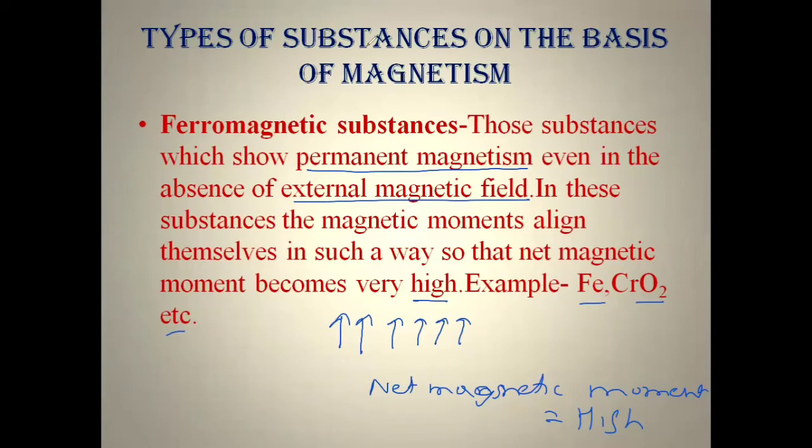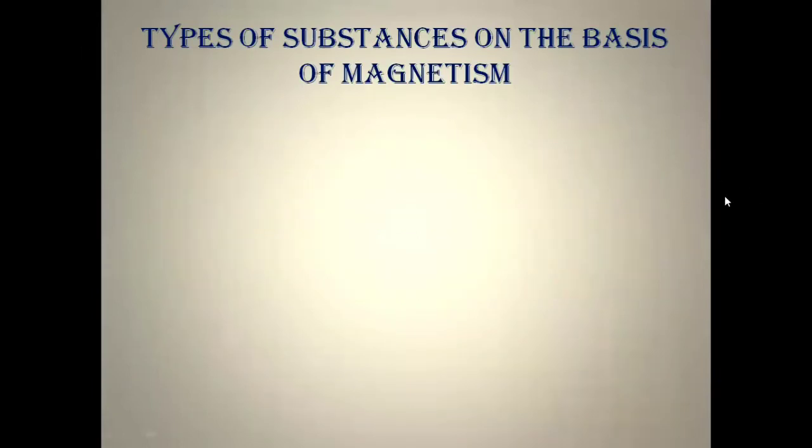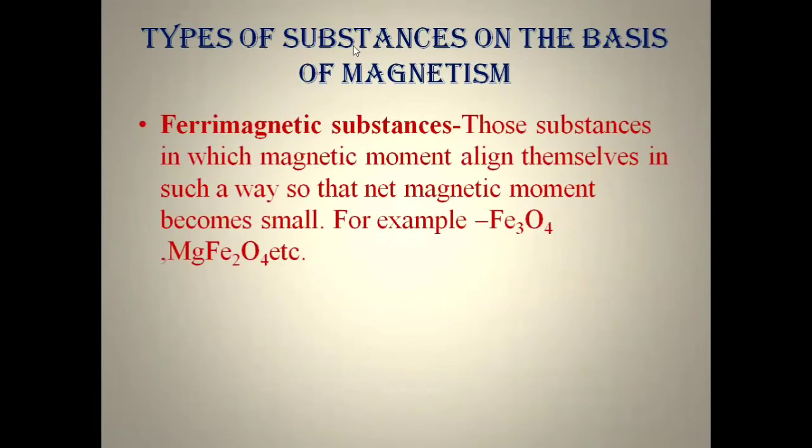Next is ferrimagnetic substances. So what are ferrimagnetic substances? Those substances in which magnetic moments align themselves in such a way that the net magnetic moment becomes small. In ferromagnetic substances, all magnetic moments were in one direction, but in this case they are not in one direction.